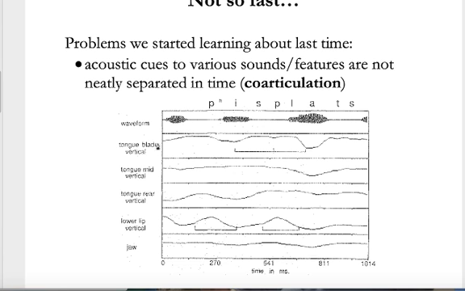And so here we're tracing the tongue blade, that's the area just behind the tongue tip, as to how high or low it is. Here we're tracing the middle of the tongue, something like the dorsum, again how high or low. This is the back of the dorsum, or maybe even the root.